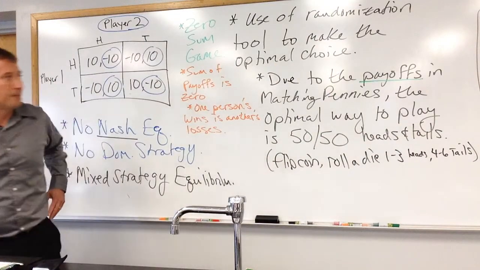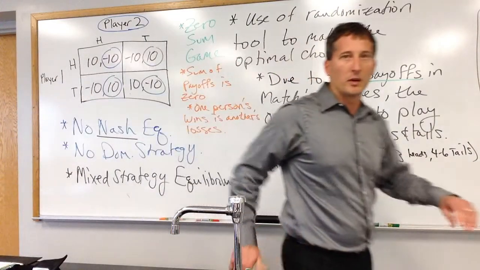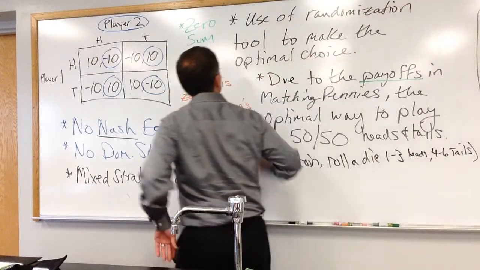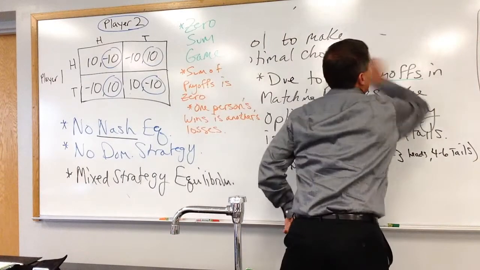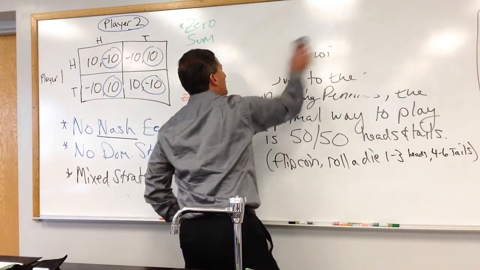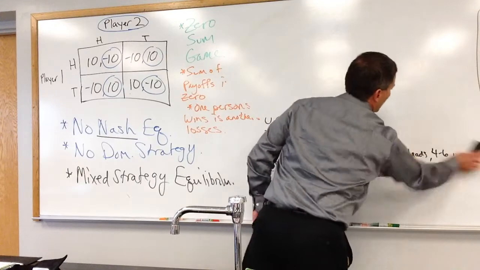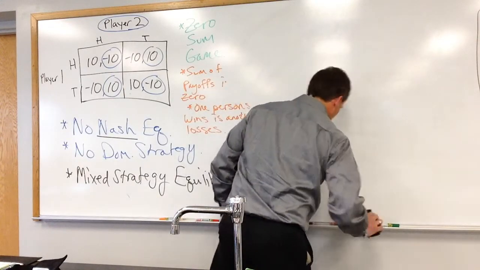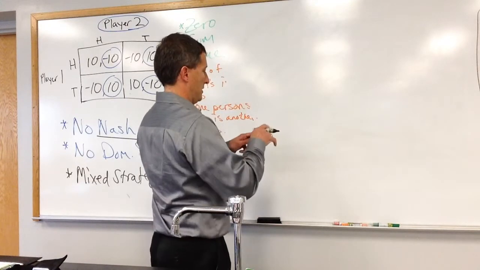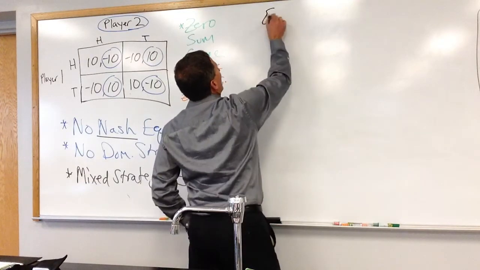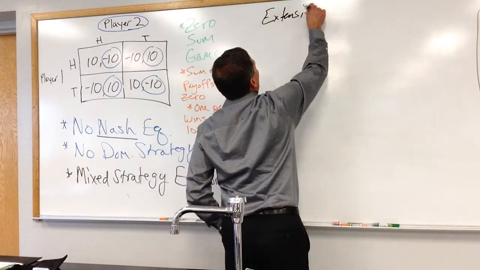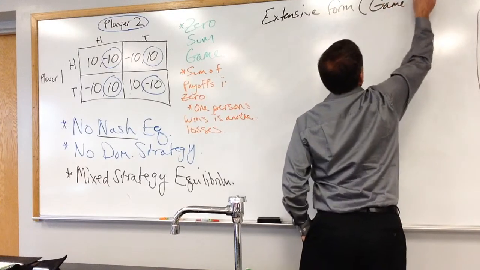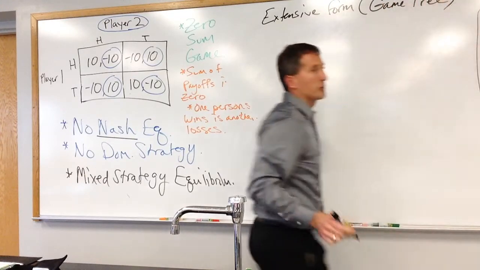All right. Last topic for this game theory stuff is looking at what's called the extensive form of the game. I think better known as the game tree. So this is the extensive form. Otherwise, we might just call it a game tree.